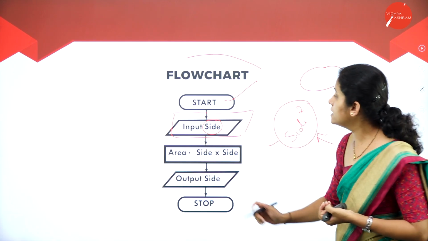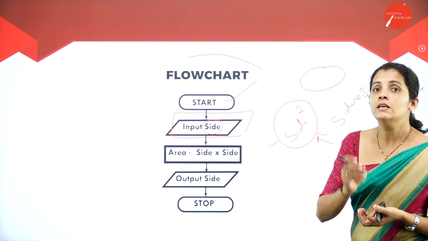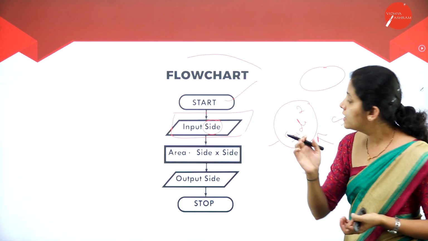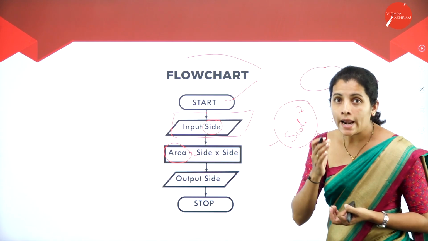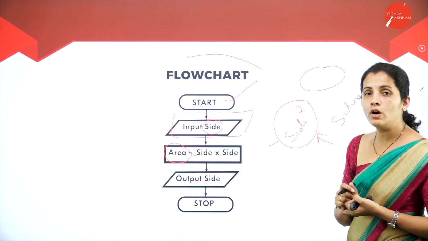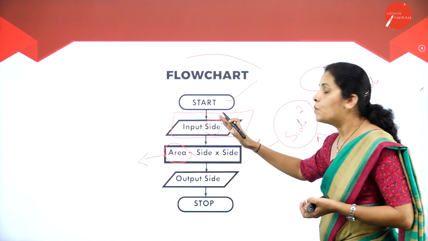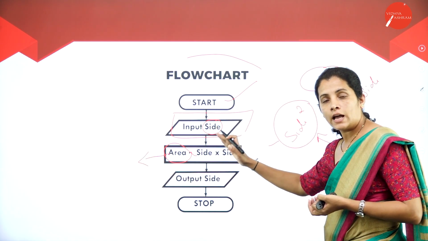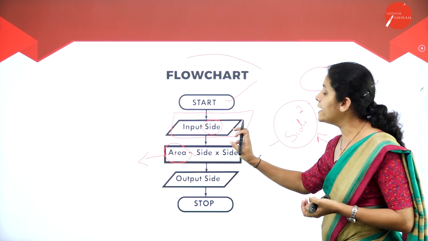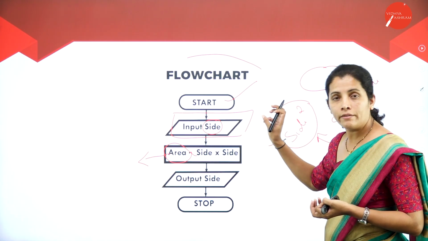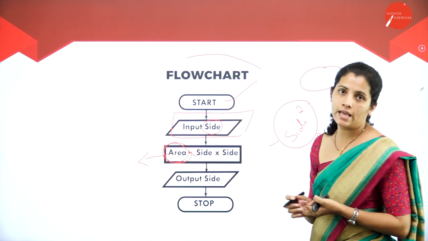I'm going to multiply side into side, and the result is stored in another variable called area. Now area holds the value side into side. That means after multiplying side into side, whatever value I get is stored inside area.